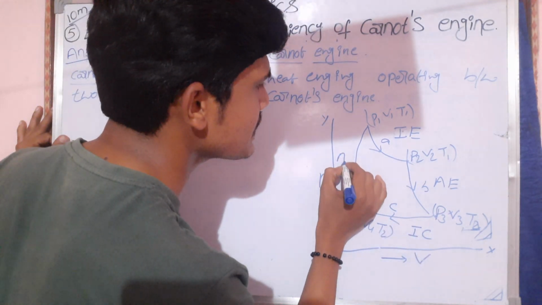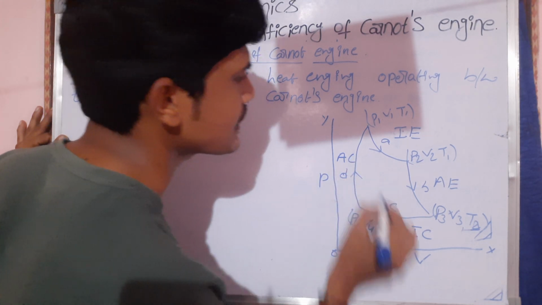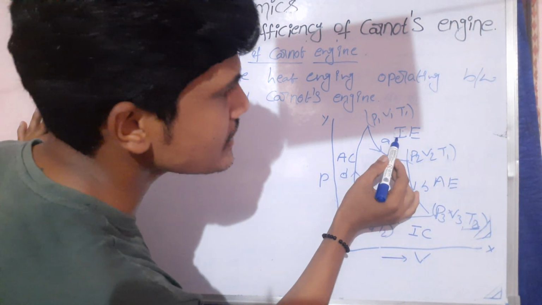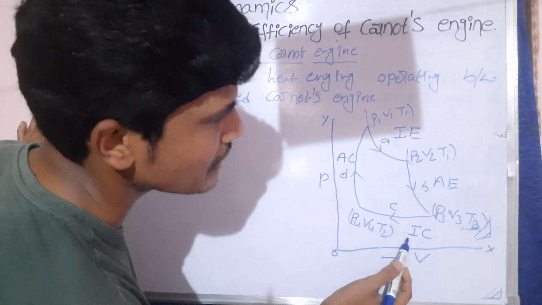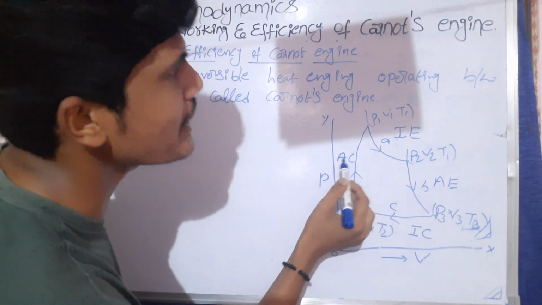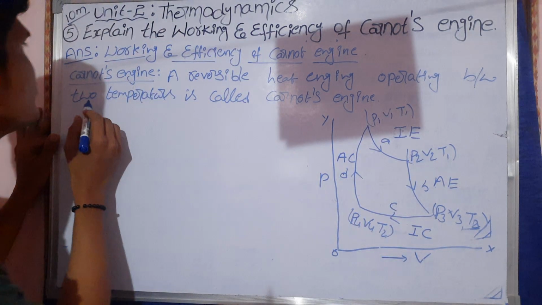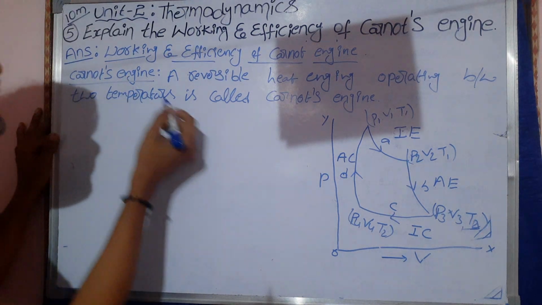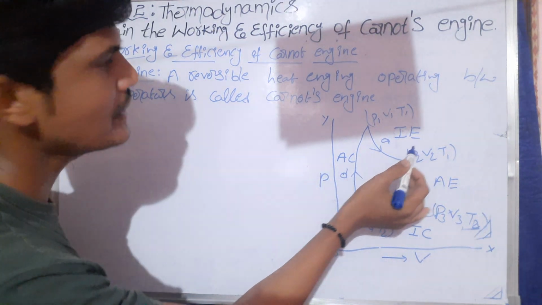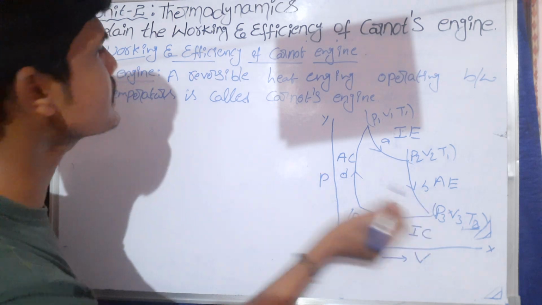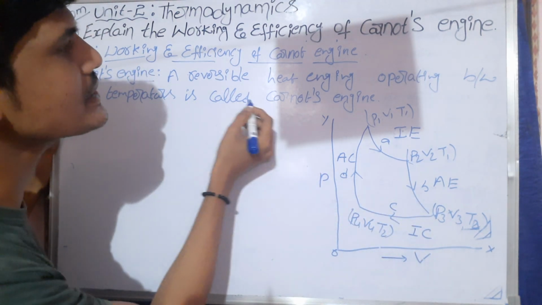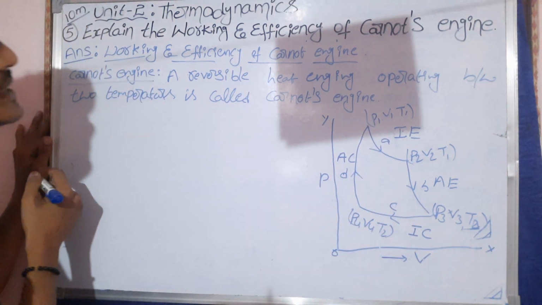Next, this is the adiabatic compression. So it operates between two temperatures, with isothermal and adiabatic processes, and this is called the Carnot engine.